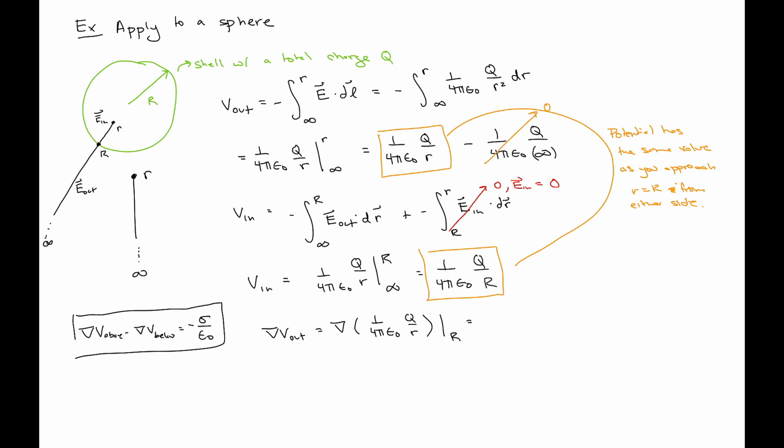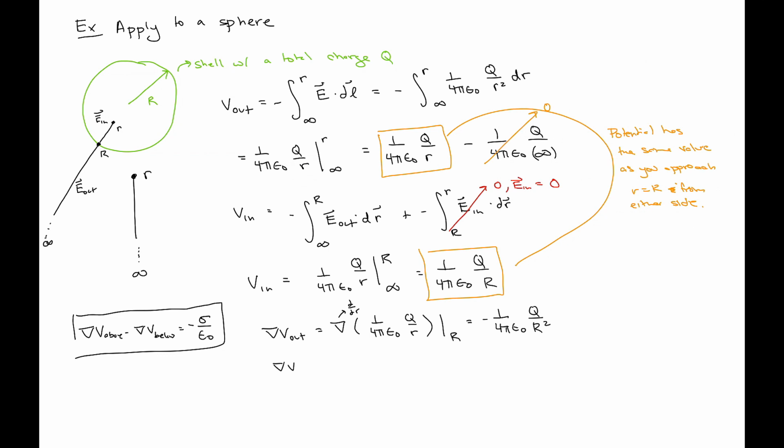When I take that particular gradient, this is going to be like a partial derivative with respect to R. Not surprisingly, I get something back that looks like the electric field, except I'm going to plug in the big R for the little r, so I get that value.